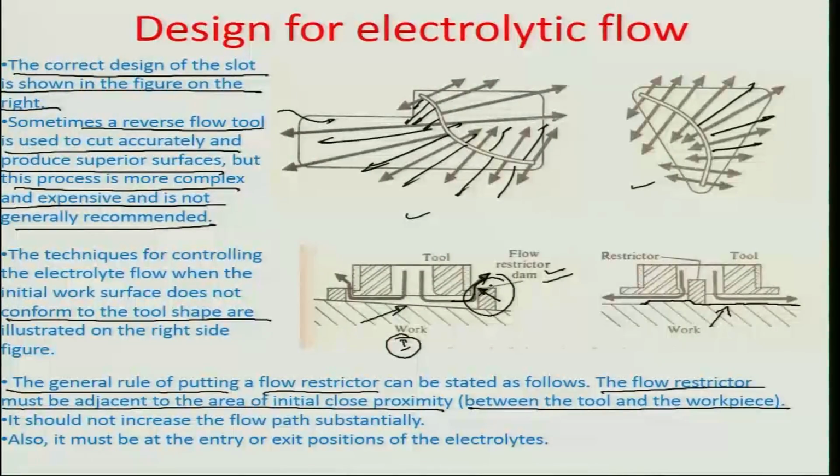So it should also not increase the flow path substantially when we do flow restrictors, and it must be either at the entry or at the exit position of the electrolyte.